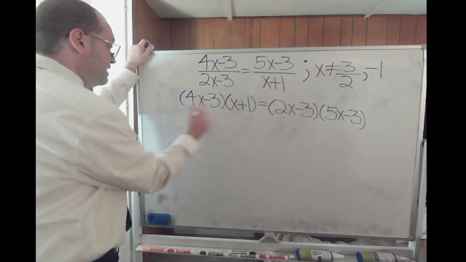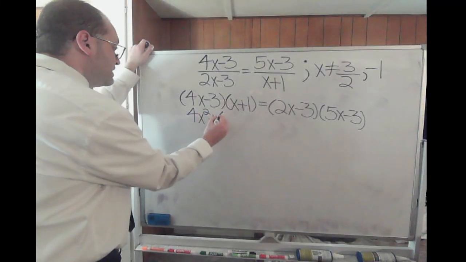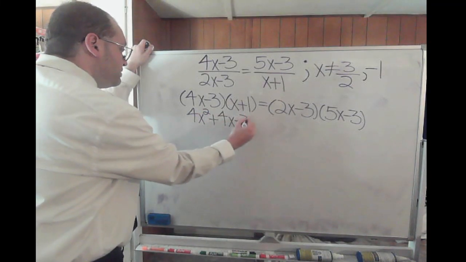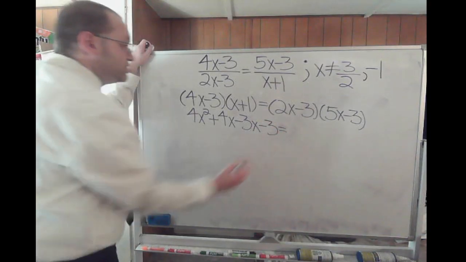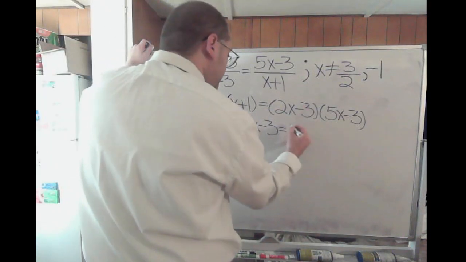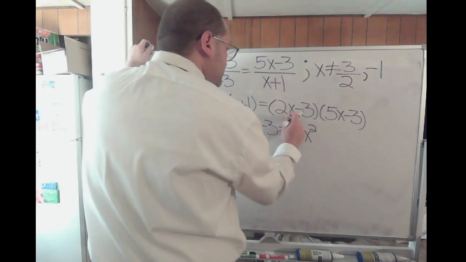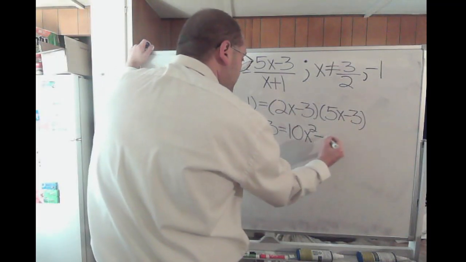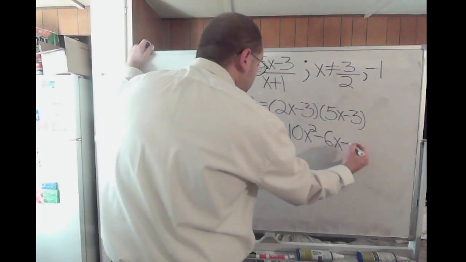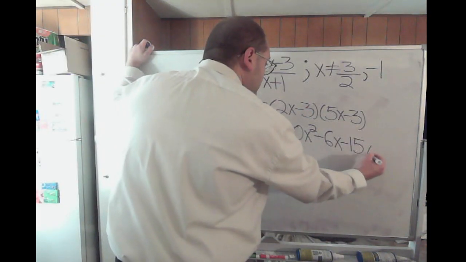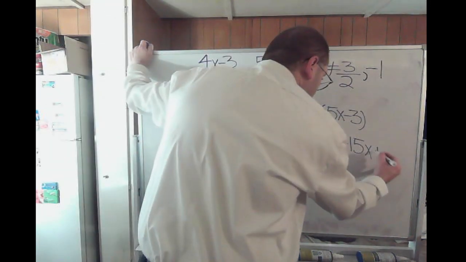So you would end up getting 4x squared plus 4x minus 3x minus 3 would be equal to 2x times 5x, that's 10x squared. 2x times negative 3, that'd be minus 6x. Negative 3 times 5x, that's minus 15x. And negative 3 times negative 3, that's positive 9.